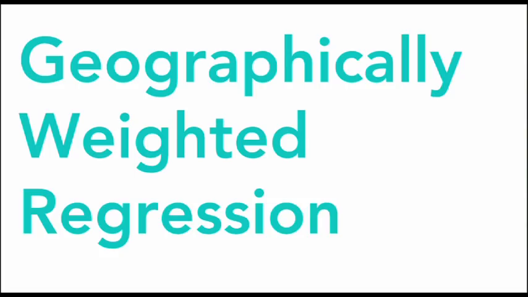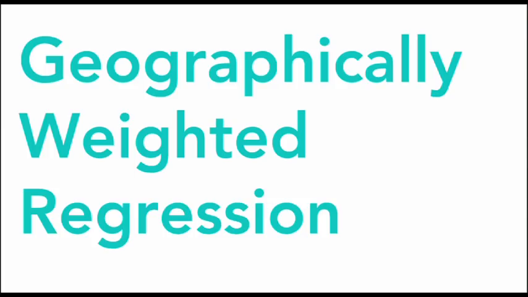We're also going to talk about geographically weighted regression, and geographically weighted regression is kind of the next step in the process. It's a really powerful tool where we bring space into the mix and we really start to take advantage of the spatial nature of our data so that we can use that to our advantage when we're making decisions and we can really focus our resources.